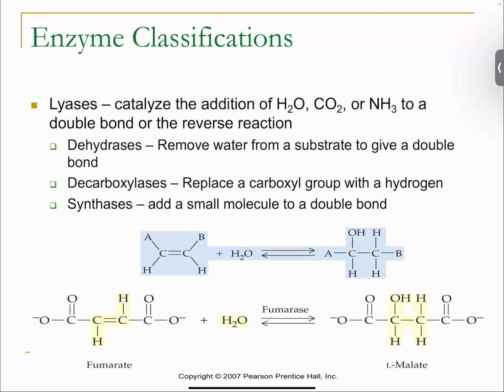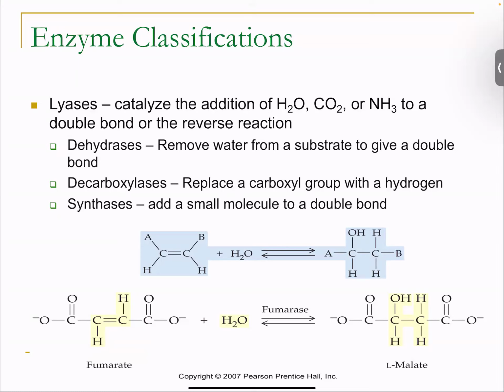The next class has 4 subclasses. It's the lyase. Basically, you'll notice it catalyzes the addition of water, carbon dioxide, ammonia to a double bond. And I'm missing one. The subclasses in your book are slightly different.